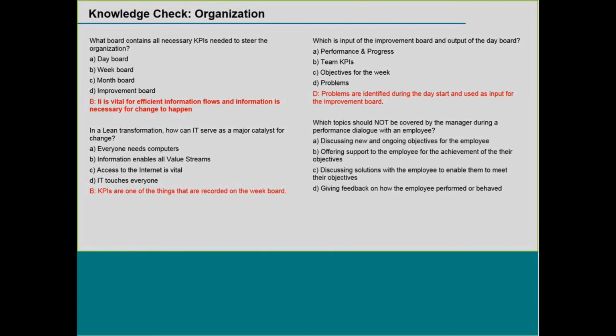Which topics should not be covered by the manager during a performance dialogue with an employee? Discussing new and ongoing objectives for the employee, offering support to the employee for the achievement of their objective, discussing solutions with the employee to enable them to meet their objectives, giving feedback on how the employee performed or behaved.